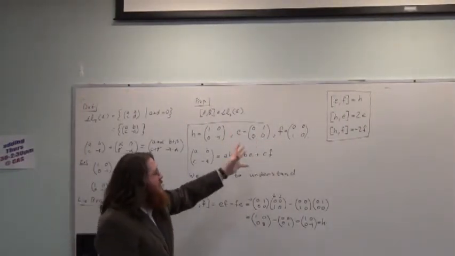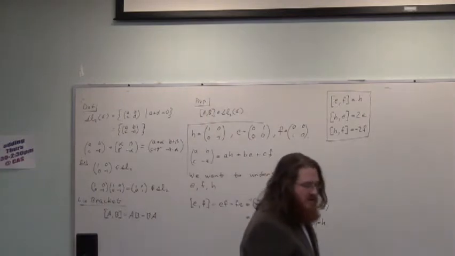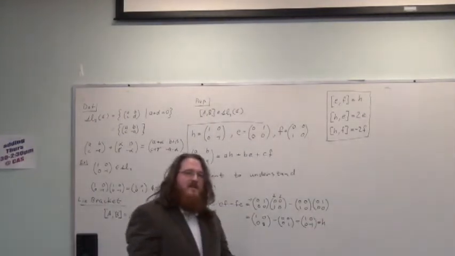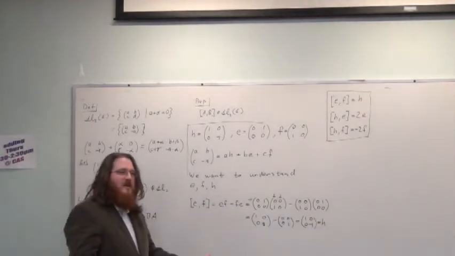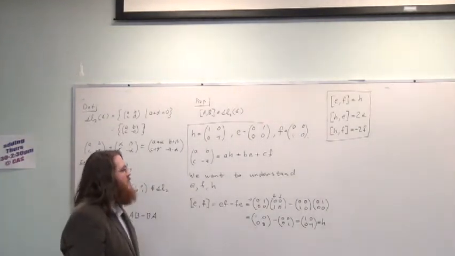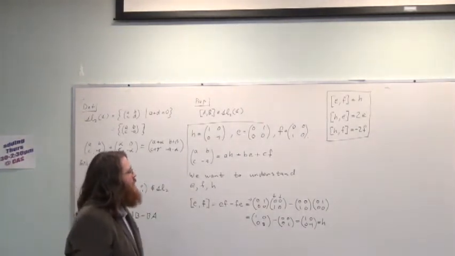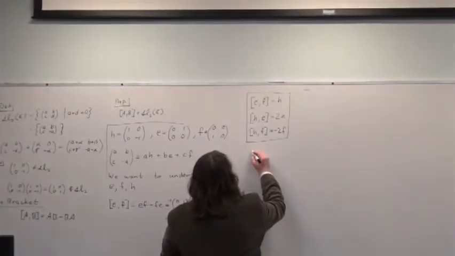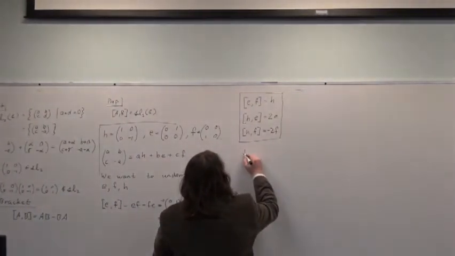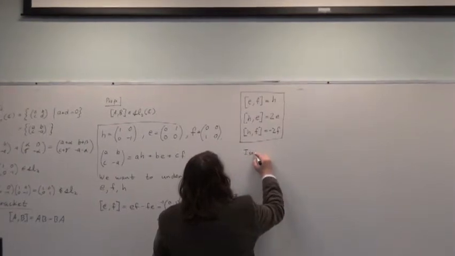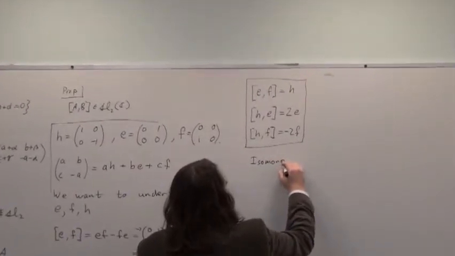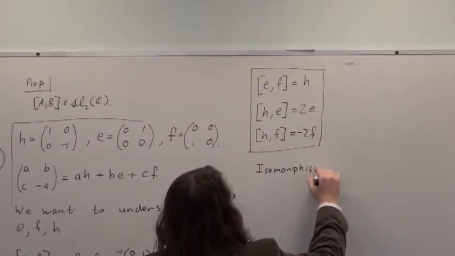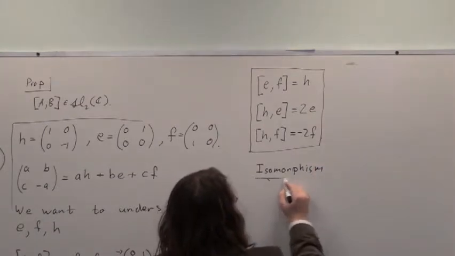So this leads us to the notion of what is called isomorphism, and that's when we're trying to say that two things that may look different are in fact structurally the same. And what I contend is the following. This is what I like to call a fluffy definition of isomorphism.